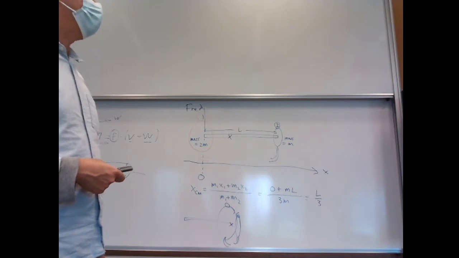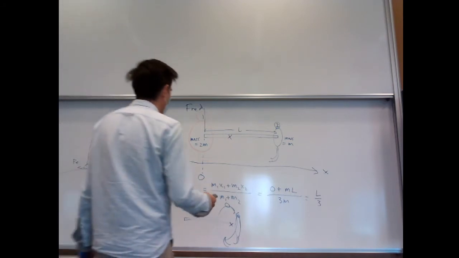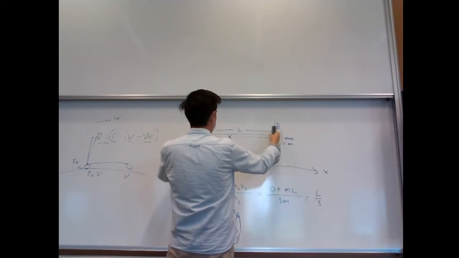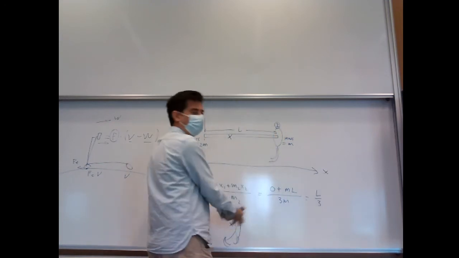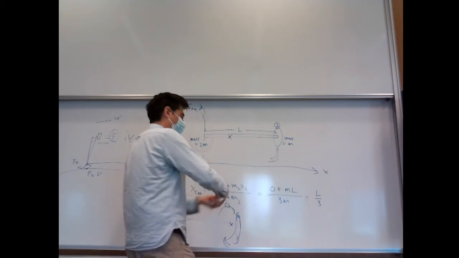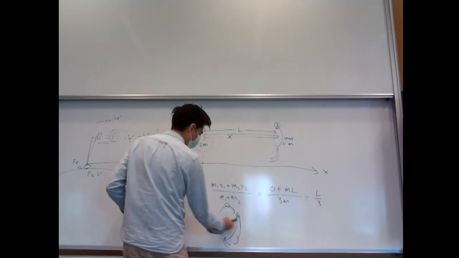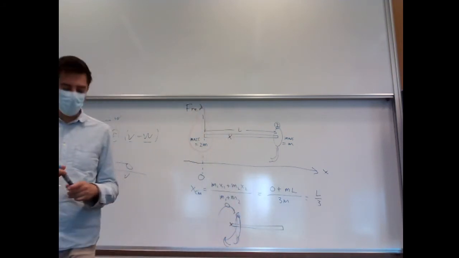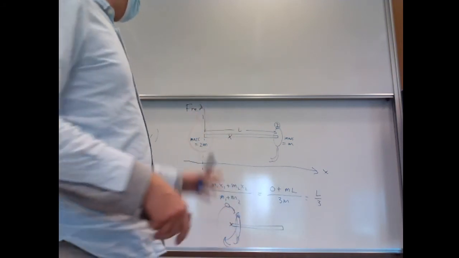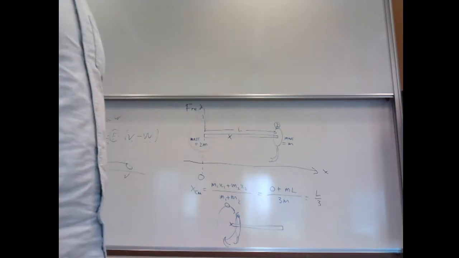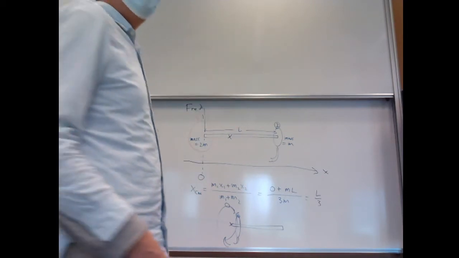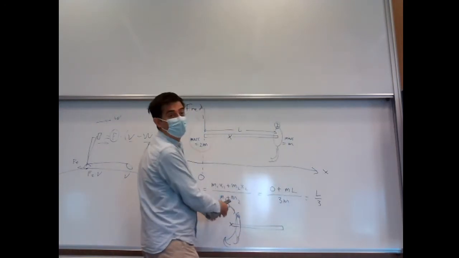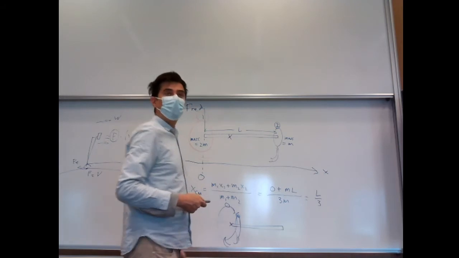Still A. Yeah, still A. The only thing that's different now is that she's pulling herself, but they still end up in the same position. This time the pole is going to be sticking out like this. That doesn't really matter because the pole doesn't weigh anything. So yeah, still L/3. And if both skaters pull hand over hand, then I think you can now see that it doesn't matter. They still end up at L/3 from Fred, so part A.